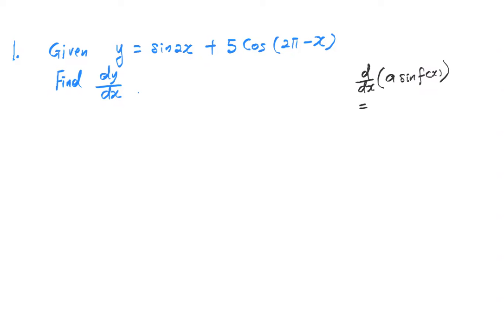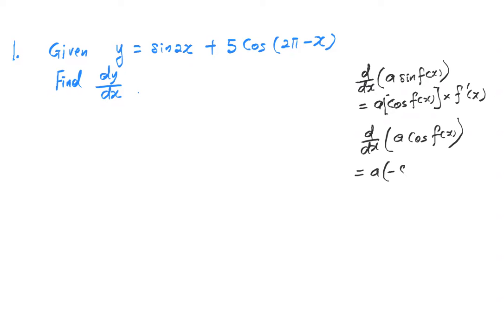You differentiate sin, you get cos. Am I right? Joshua, do you know why I say your second part is wrong? Differentiate cos, you got negative sin f x. I cannot stop there. I have to times by f prime x, correct?